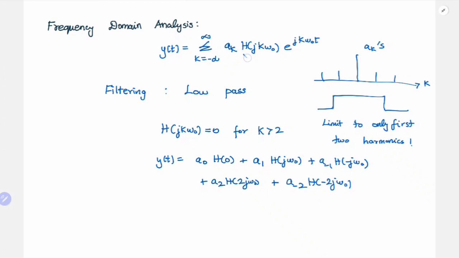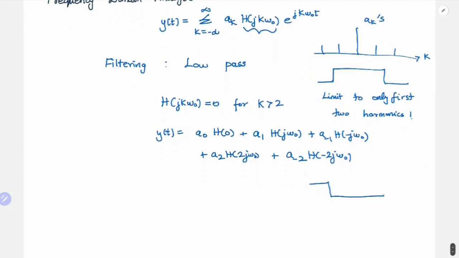So if we are able to modify this h of jk omega naught, then we can obtain our desired modification in the frequency domain. So in many cases this is useful. Even if we want to eliminate noise present at a higher frequency, we can do such a filtering to eliminate that noise. There are also cases in which I want to remove the low frequency signals and keep high frequency signals, right? So then I need something like a high pass filter.